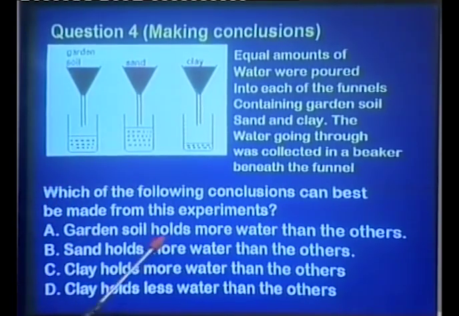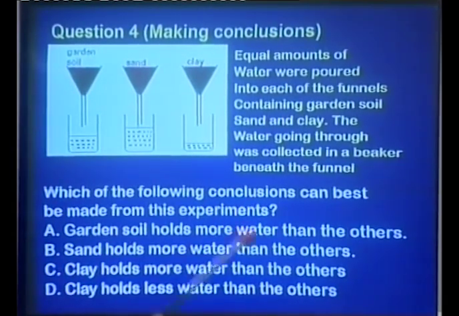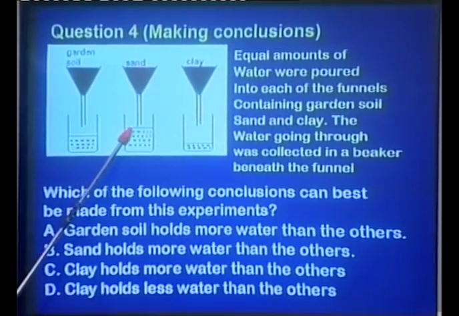So you think garden soil holds more water than the others? No. Sand holds more water than the others. Sand. It holds more water. Clay holds more water than the others. Yes. You agree? Yes. Clay holds less water than the others.